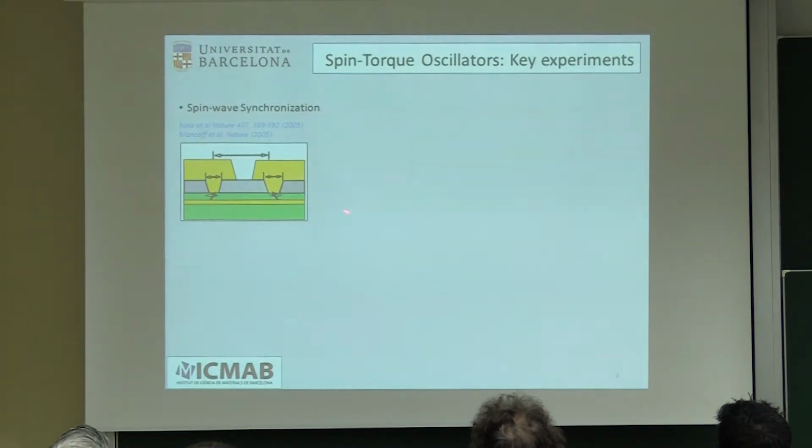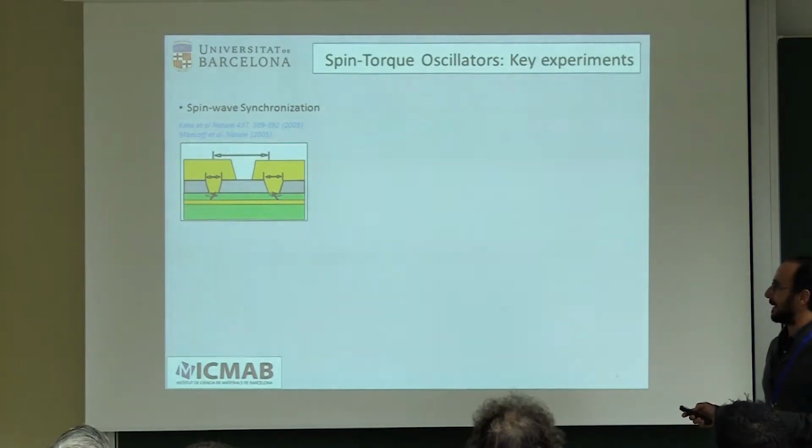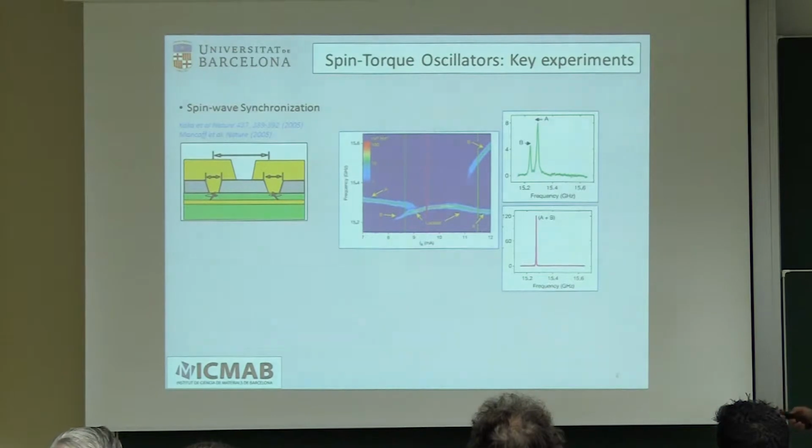We've seen this picture maybe 4 times already, so I won't go into detail, but there's just one thing I want to say. Here we have 2 oscillators with different frequencies, and then suddenly they jump into a locked state.